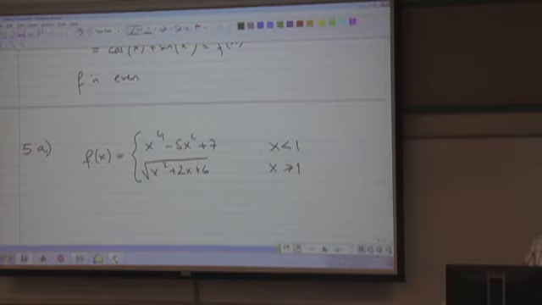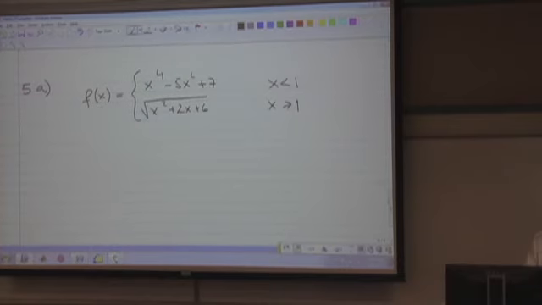Right? Okay, so now if x is less than 1, what can we say about f of x? Well, it's going to be x to the fourth minus 5x squared plus 7, which is a polynomial, continuous everywhere.